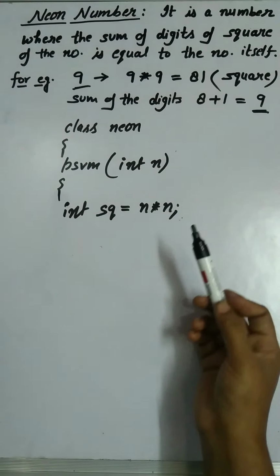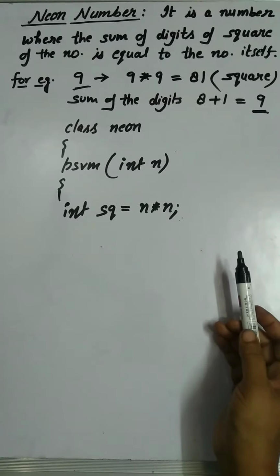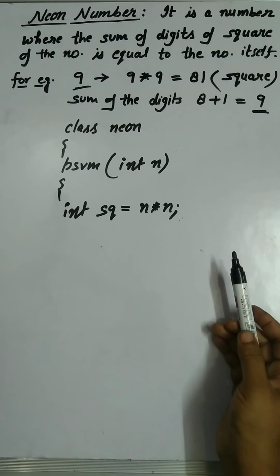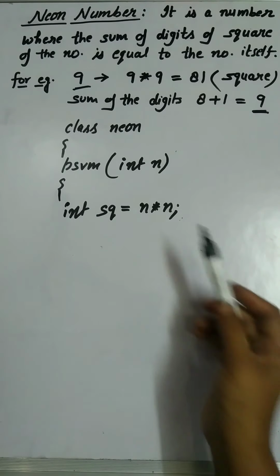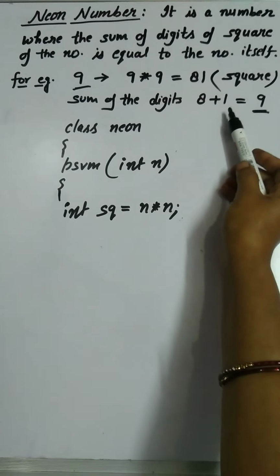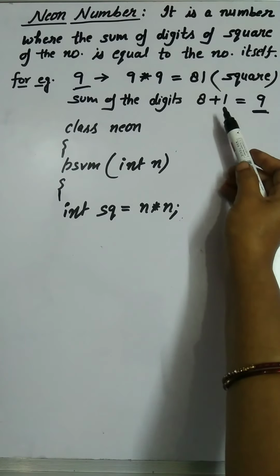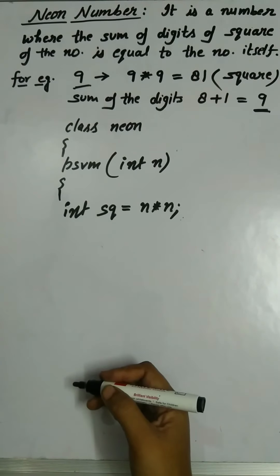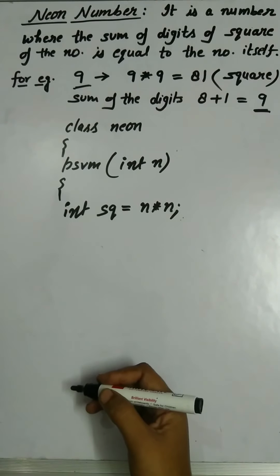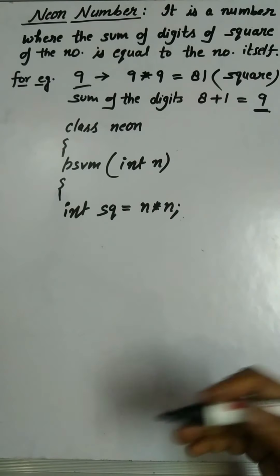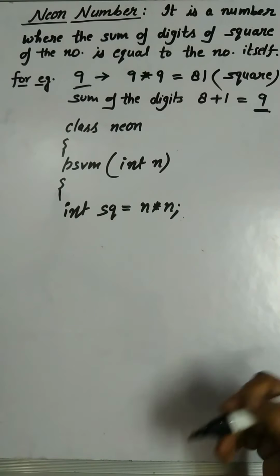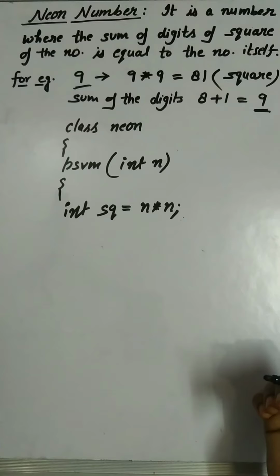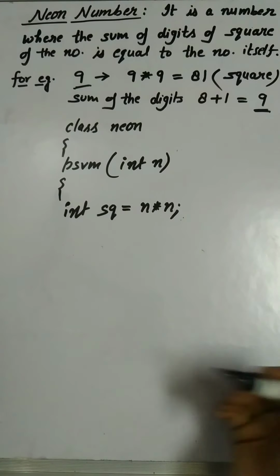Now you have to extract the digits of the sq variable. You have to extract the digits because you need the sum of the digits of the square. Okay, so here we start the loop, a while loop, because here we don't know how many times our loop is repeated. So we use the unfixed loop, that is the while loop.